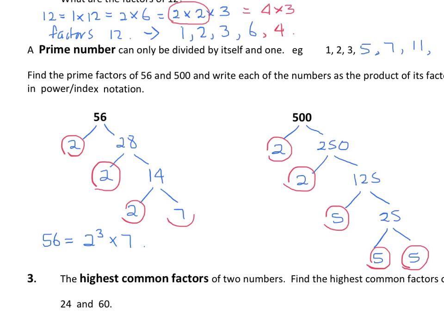All the prime factors down the left-hand side and along the bottom. So we can now rewrite our 500 as 2 times 2, which is 2 squared, times 5 times 5 times 5, that's 5 cubed.